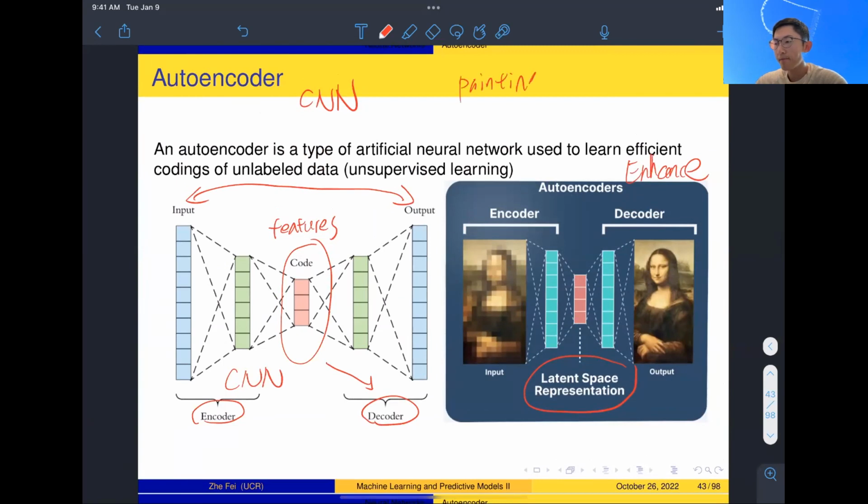You give famous oil paintings, like tens of thousands of oil paintings, into your autoencoder model, and then you want the model to learn the features from the paintings so that it could generate AI paintings that mimic the historical, famous ones.